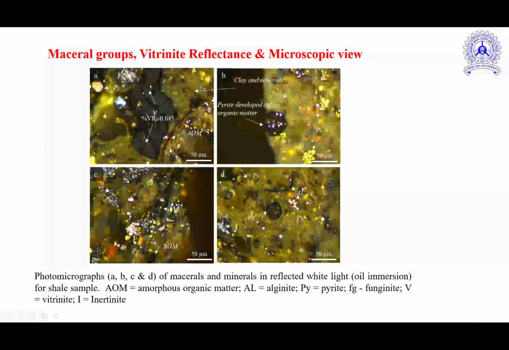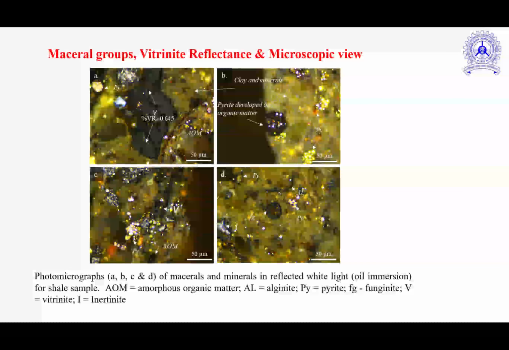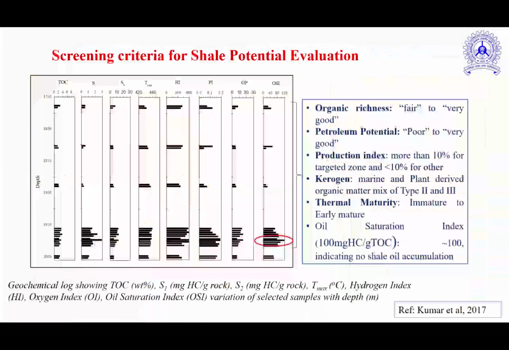And once we identify maceral groups, the type of kerogen we can identify here. If it is algal, then generally oil producing. If it is some other plankton type, then it could be of gas origin. So from this identification, you can see the vitrinite reflectance. You can identify visually also, and from there we determine the vitrinite index from reflectance.